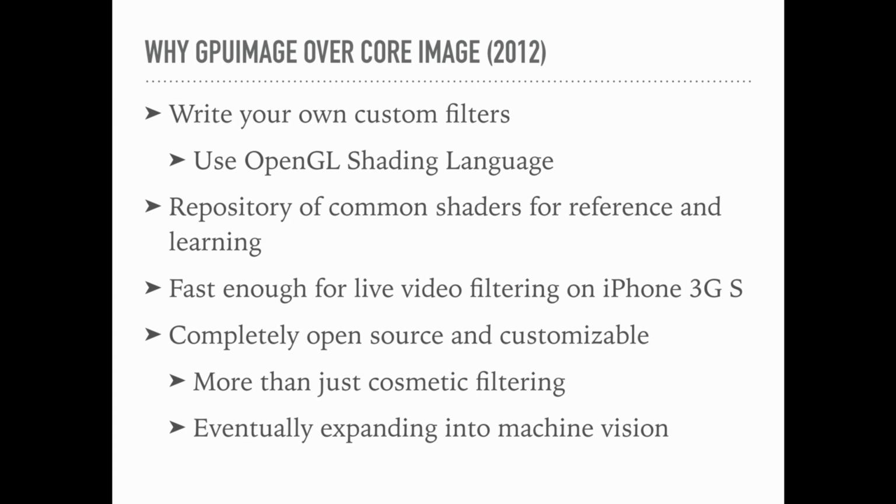Some of the advantages that existed with GPUImage over Apple's framework were that it allowed you to write your own filters. It used the OpenGL shading language and not some weird kernel language that existed on Apple stuff before. It was optimized enough to run live video on the iPhone 3GS, and if I had looked at my slides before the Stump the Experts thing, I would have remembered that. And again, it was completely open source and customizable.